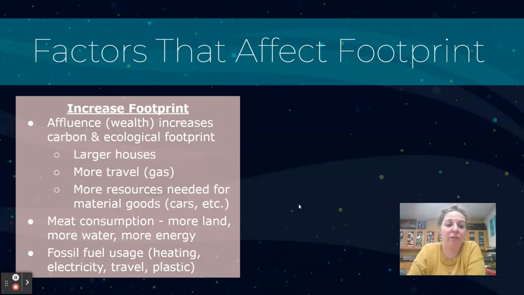And then we also have fossil fuel usage. The more fossil fuels you use, the higher your footprint will be. So heating your house, keeping your house set really hot, your electricity, not turning your lights off or unplugging things, traveling, plastics, all those things use fossil fuels.